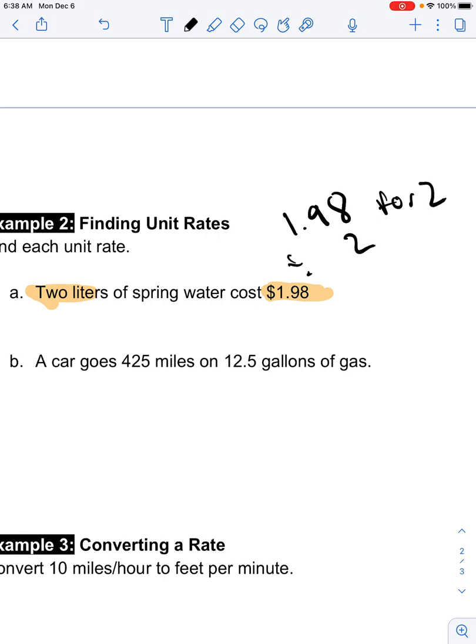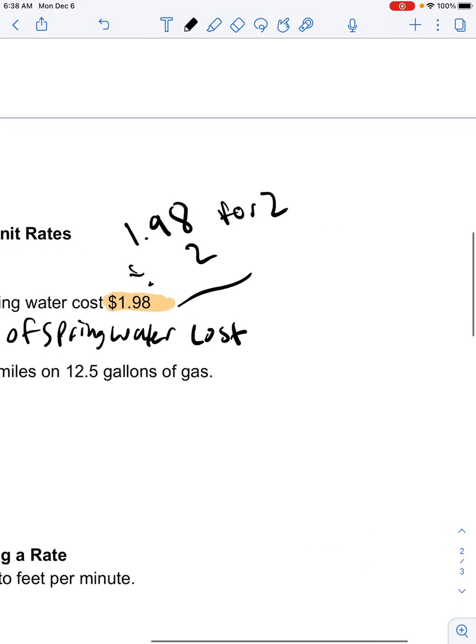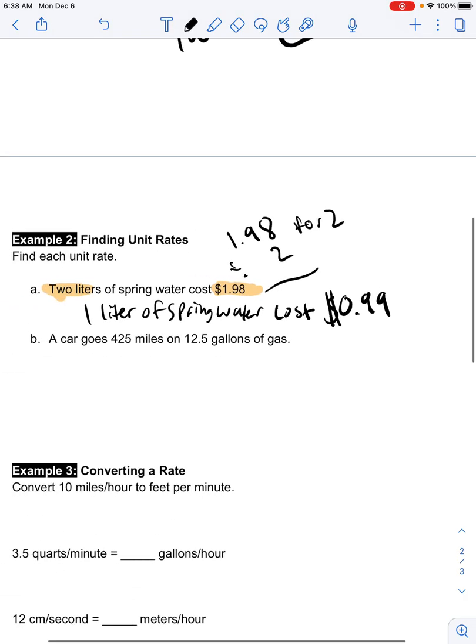So if I just divide these by 2, 1.98 divided by 2, I'm going to find that 1 liter of spring water costs 99 cents.